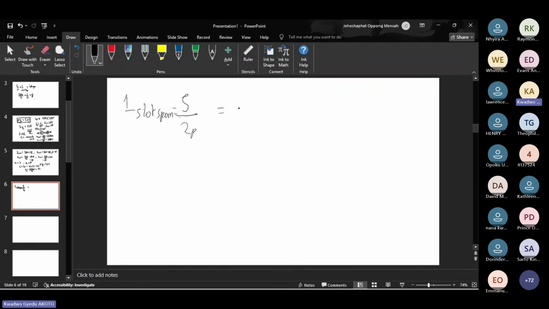For a 4-pole machine, we are going to have 41 on 4. So our slot span is going to be 10.25, but we take it to be 10.